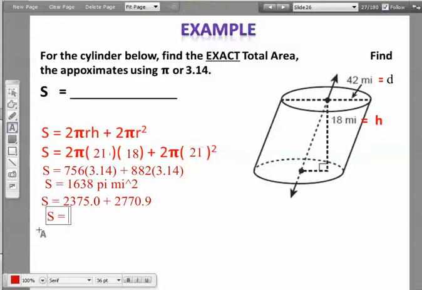It's going to give me 5145.9 miles squared. There we go. That's how you really work that problem, and I remember all those numbers from working this problem before. I don't know why. I must have accidentally copied over something, so I apologize for that. Anyway, there's the answer to that problem.